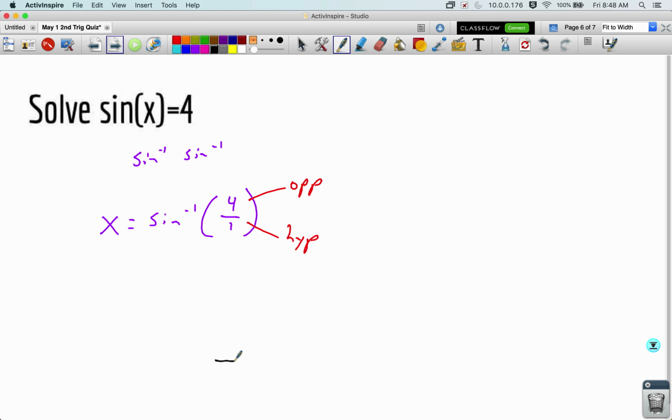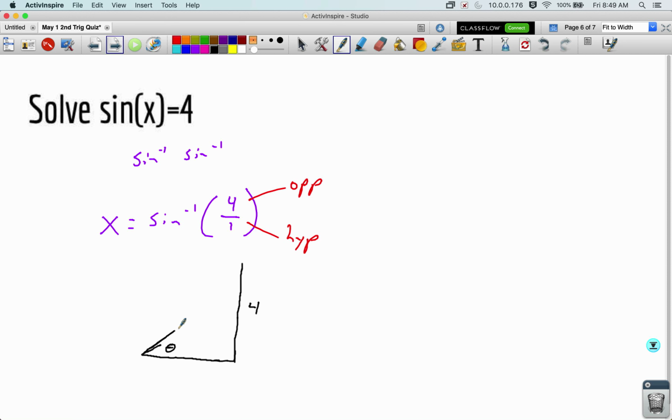So here's my right angle. Here's my angle. Well, we'll say theta. So theta is right there. All right, so the opposite is 4. So this length here is 4, but this length here is only 1.